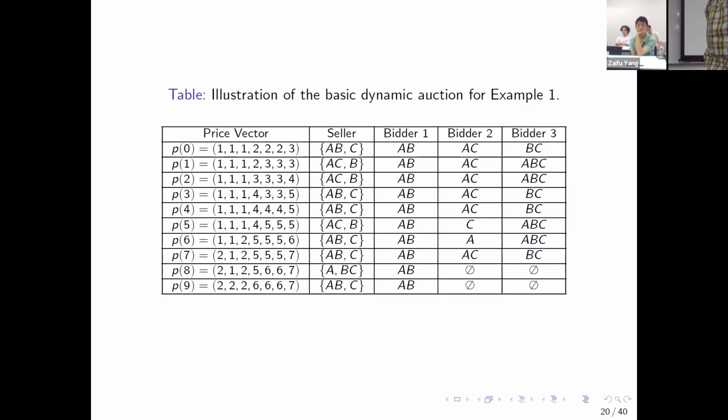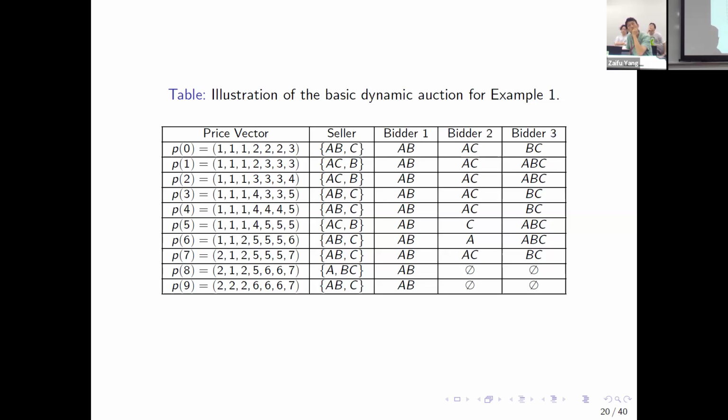Then repeatedly we do this. At this step, now we have this optimal one and this optimal one. Here you see ABC is not supplied, C is not supplied, and AB is not supplied.